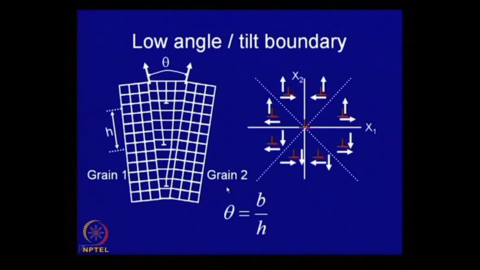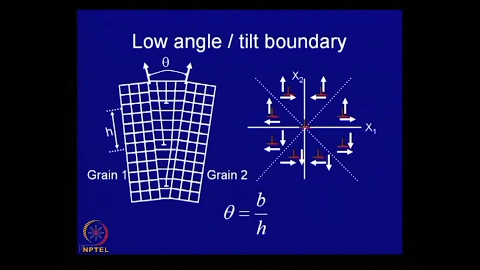Now, let us look at how these boundaries can form, or what the different types of boundary are. One extreme case that we looked at is the stacking fault. That stacking fault is one boundary which is perfectly coherent. Now, are there any other coherent boundaries? We did look at the nature of the stress field of edge dislocations, and how the stress field of one dislocation interacts with another.